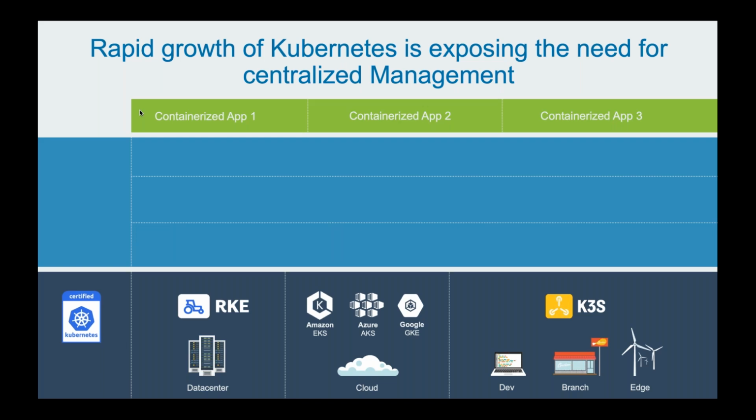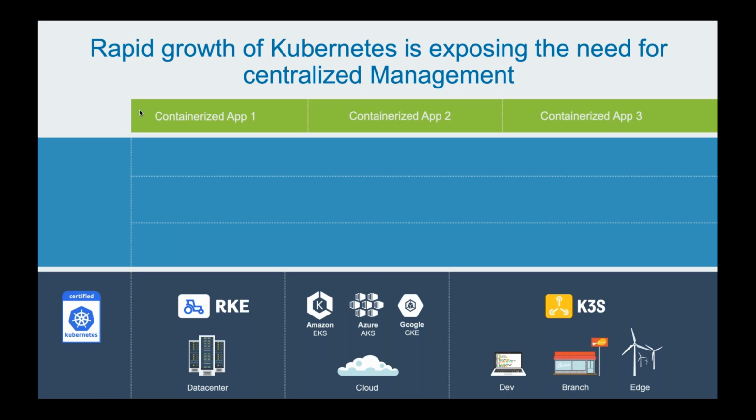In the middle there, you've got cloud hosted or cloud provided Kubernetes distributions from Amazon, from Azure, from Google, from DigitalOcean, from lots of different places who will give you Kubernetes. If you're in a data center environment, Rancher has its own Kubernetes distribution called RKE. And this is your more traditional data center deployed. It runs entirely in Docker containers. It's 100% upstream Kubernetes, but it's designed for an on-premise environment or even a cloud environment where you actually have infrastructure.